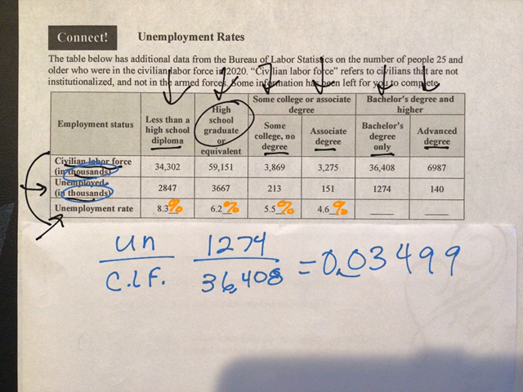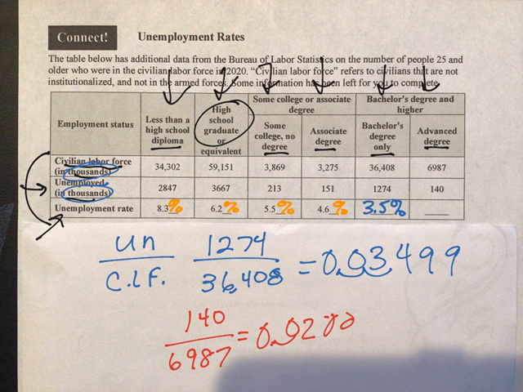So we're just going to round that, multiply by 100, to 3.5%. And then for advanced degrees, we'll take 140 over 6,987, and that gives me 0.02002. So again, multiply by 100 to change it to a percent, and we're at roughly 2%.